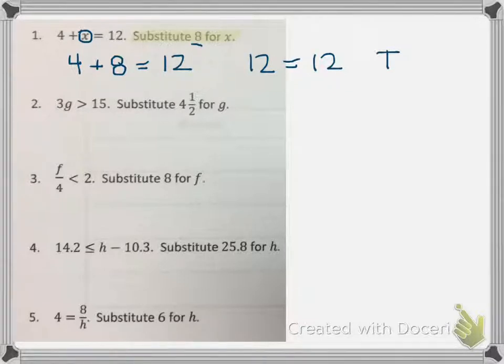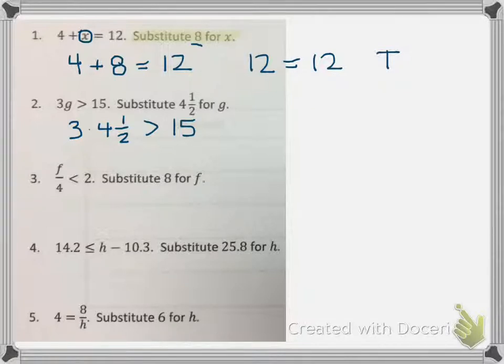Okay, number 2, we see that g is 4.5. So whenever I see a g in my expression, I'm going to substitute 4.5. So this is 3 times 4.5 is greater than 15. And we need to see if that's true.